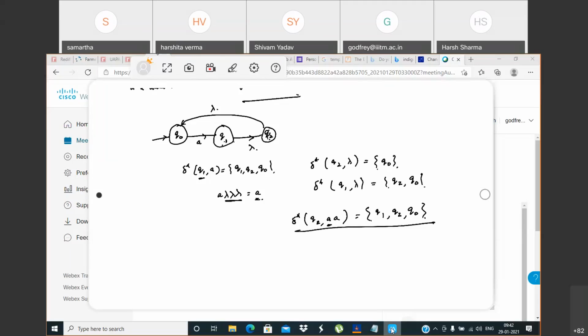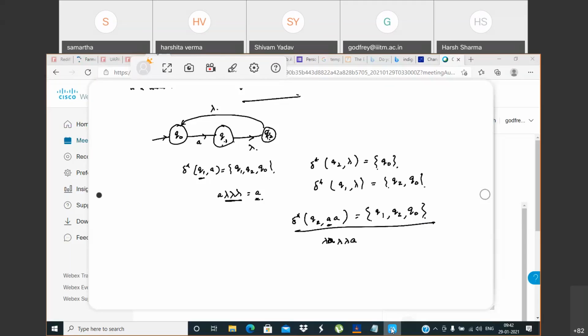So this basically means having multiple lambdas, maybe two lambdas from Q2, maybe one lambda and then A, then maybe lambda, lambda.